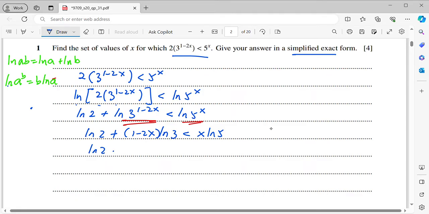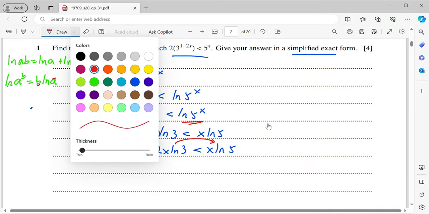So it will be ln 2 plus 1 times ln 3 is ln 3, minus 2x ln 3, less than x ln 5. The x terms will be grouped together, which means I will move this minus 2x ln 3 to the right hand side.